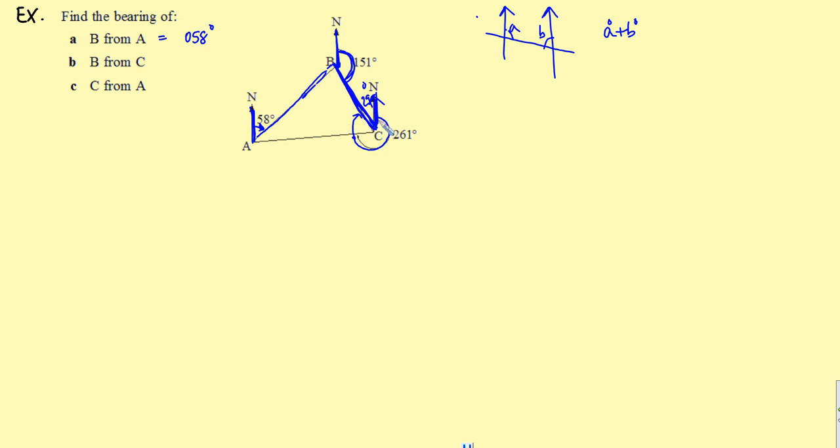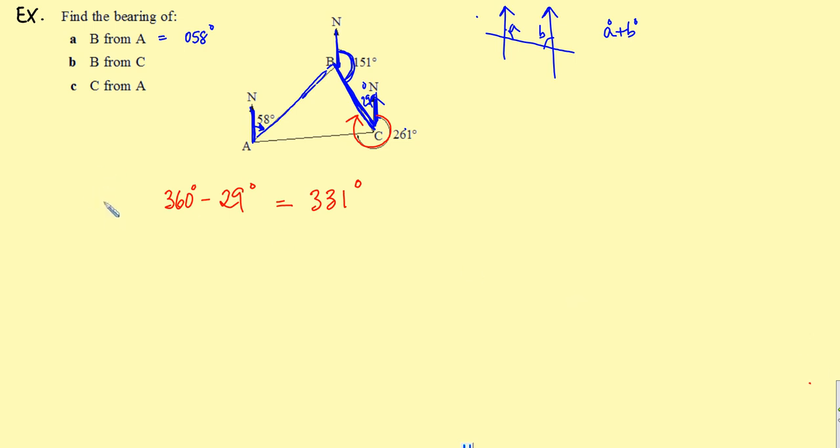Now, to figure out the angle of the bearing, which is this entire angle that I am indicating in red, the bearing of B from C, I can say 360 degrees, which is one full rotation around, minus the 29-degree angle that we found, would give us an angle of 331 degrees.